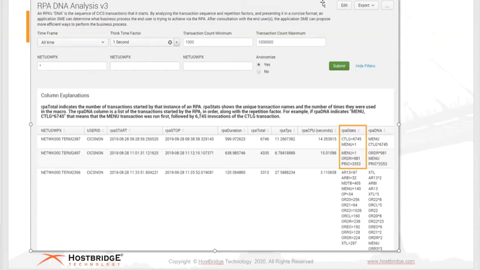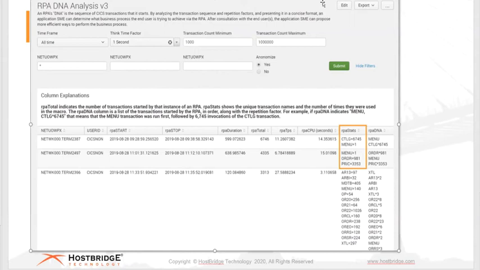We want to make sure that there's enough visibility so that a subject matter expert who knows the application can have an aha moment and say, oh, I see what they're doing. So in this particular interval of time, the heaviest RPA we were able to detect was one that lasted 599 seconds, or 10 minutes. It came from a logical unit name of term 2387.